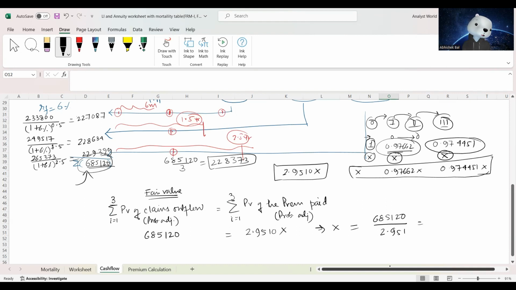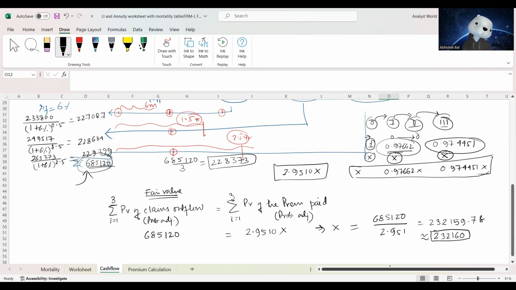And this gives us a value of 232,159.78. We simply round it up to 232,160.